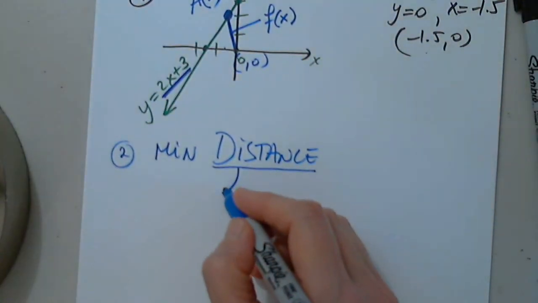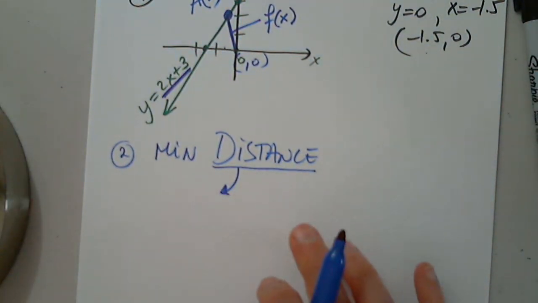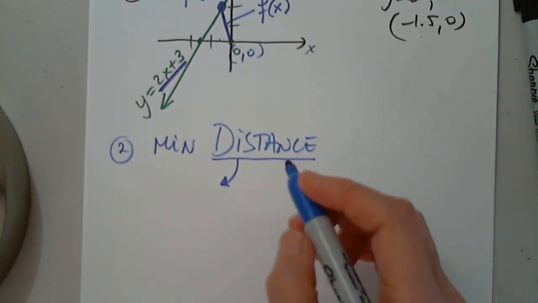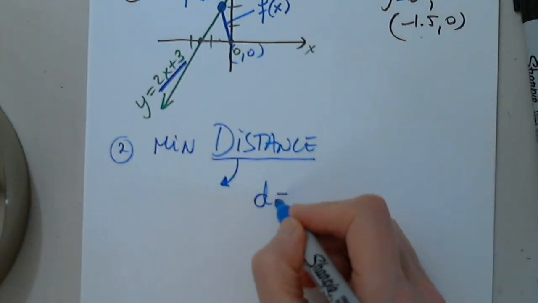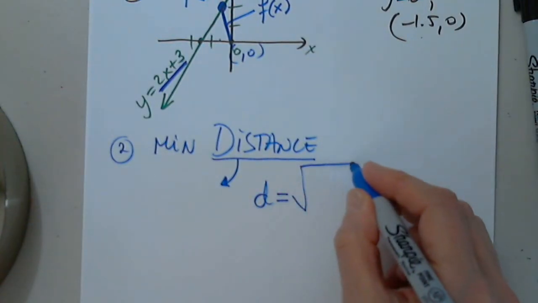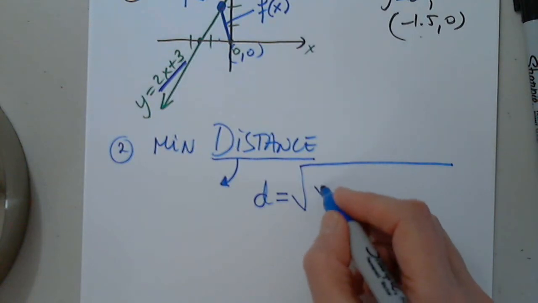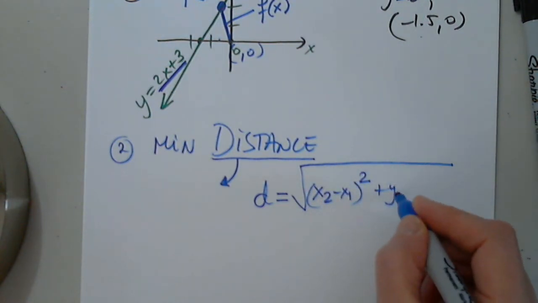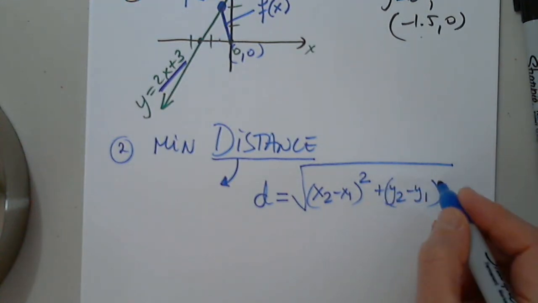How do we write the distance between 2 points? The formula: x2 minus x1, everything squared, plus y2 minus y1, everything squared.